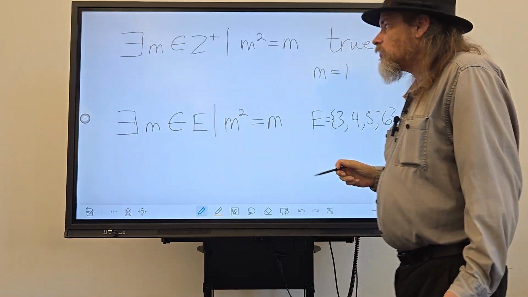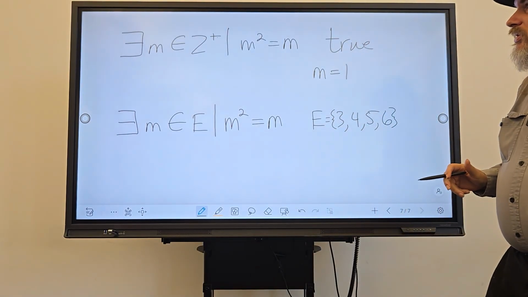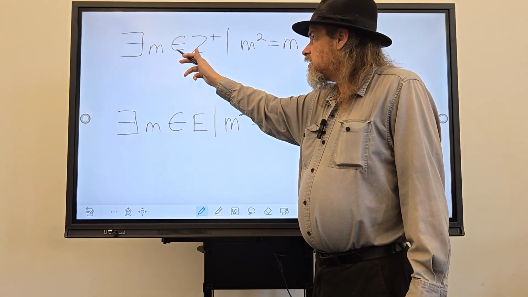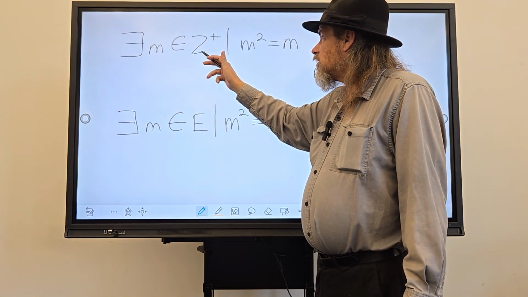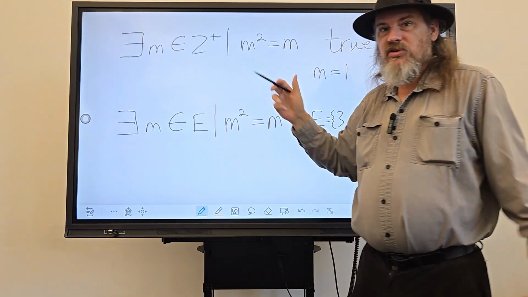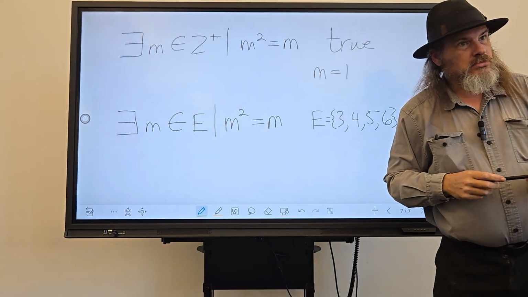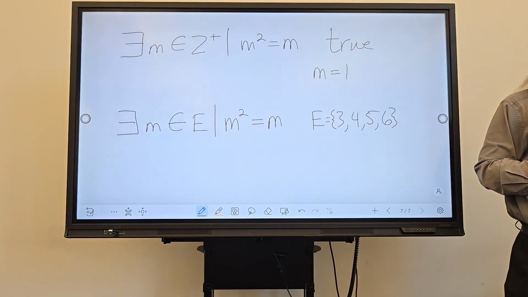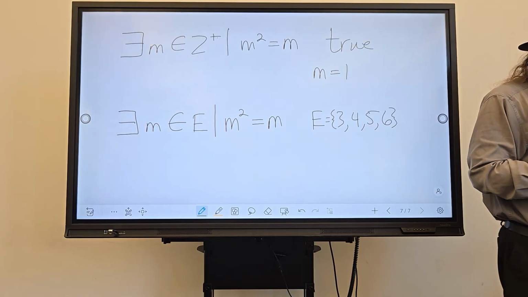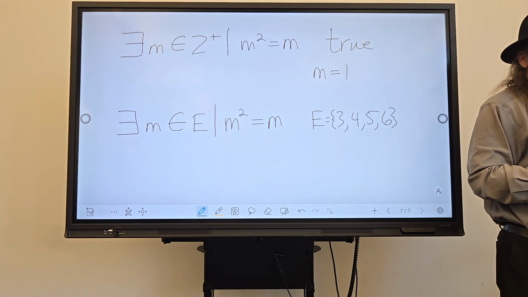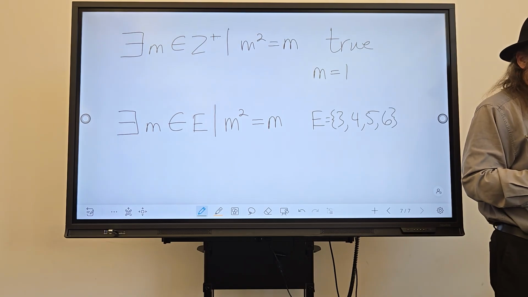So informally, there is a positive integer such that that integer squared is equal to that integer. That would be informal. And going back and forth is an important skill to have, to be able to translate between formal and informal language.